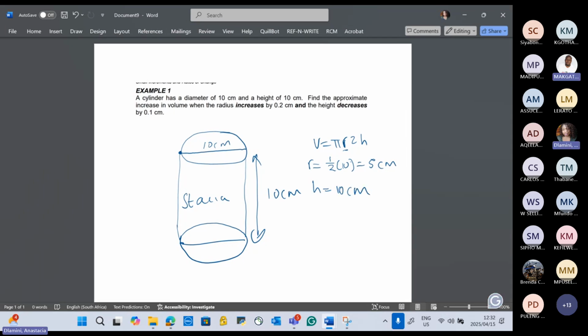Now they're saying find the approximate increase in volume. So what are they looking at?